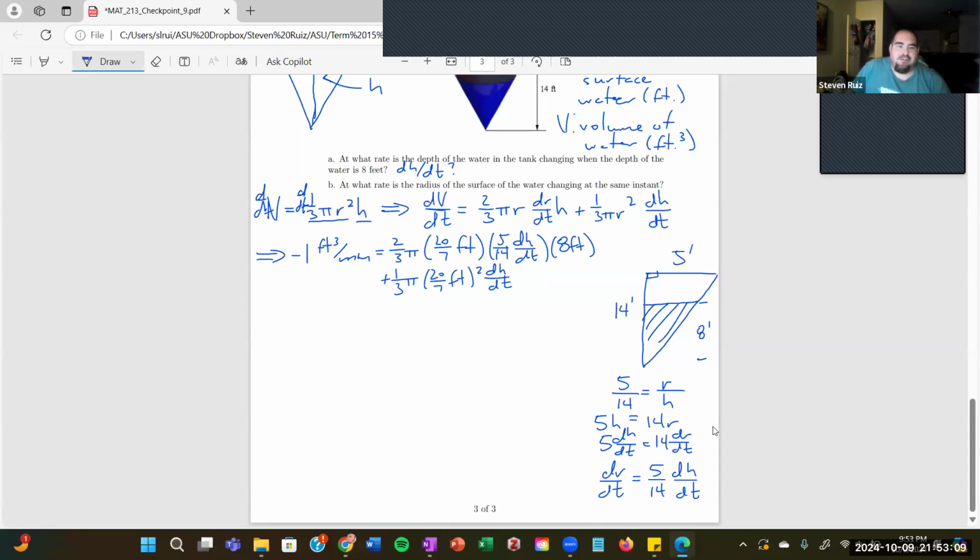So let's do this. -1 cubic foot per minute is equal to, let's just combine all these things together. 2 times 20 times 5 times 8. So 40 times 5 is 200, times 8 is 1600. So 1600 pi over 3 times 7 times 14. Actually, let's take it back.